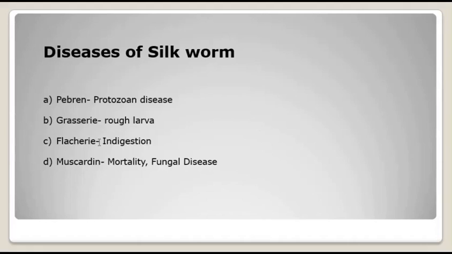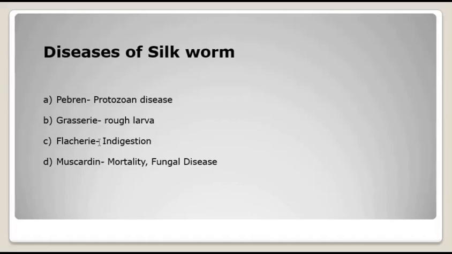Then muscardine disease. No doubt, it is caused by a fungus. It is a fungal disease, right? Mortality occurs due to heavy rain and unhygienic conditions, especially in the rainy season. Remember, hygienic condition is very important.